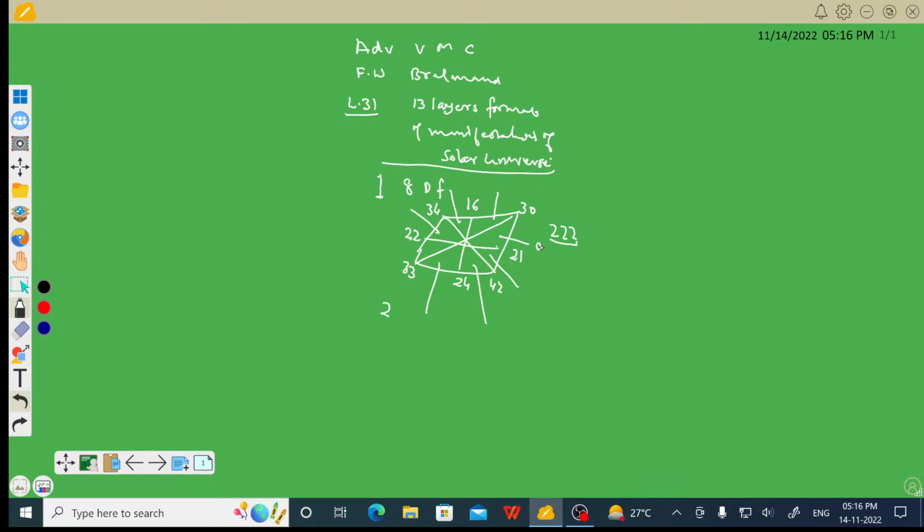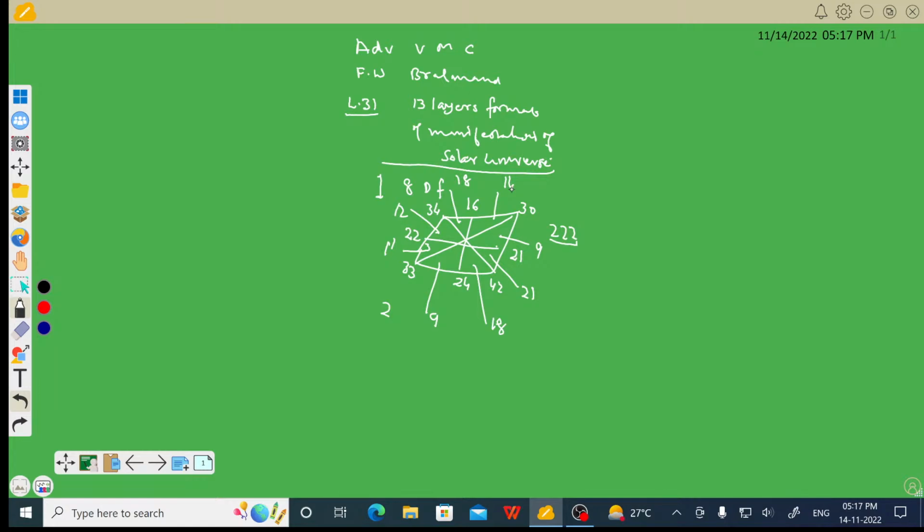A difference value is 9, here is 21, here is 18, here again is 9, 11, 12, and this makes 18, and this makes 14. So we can start drawing a table.